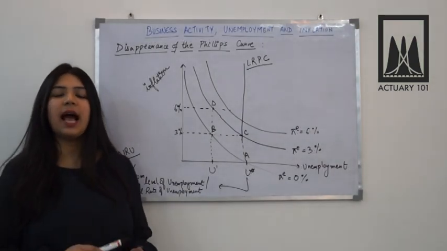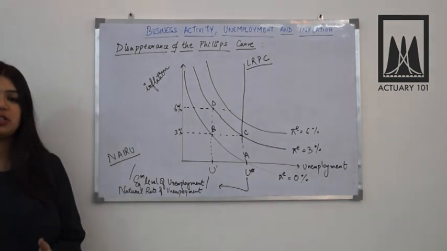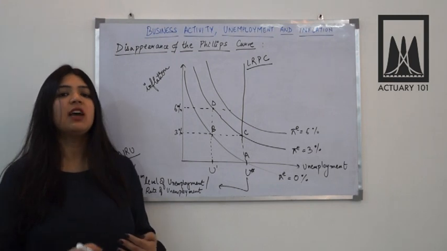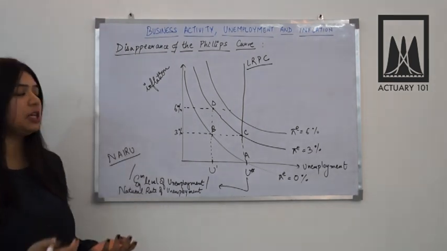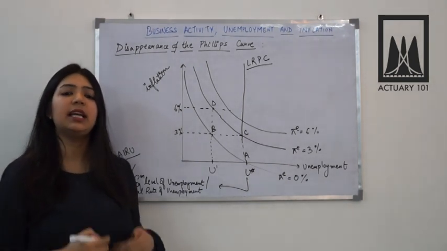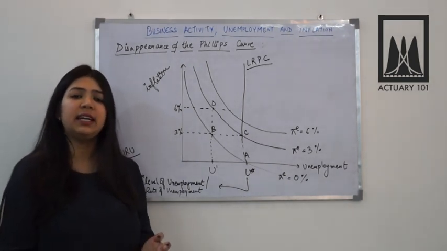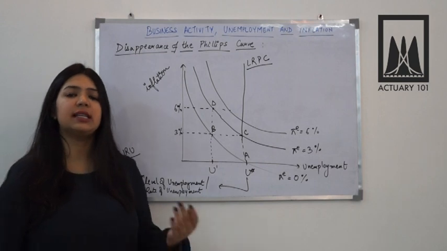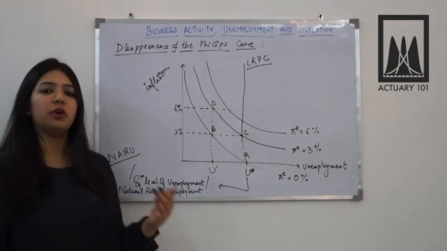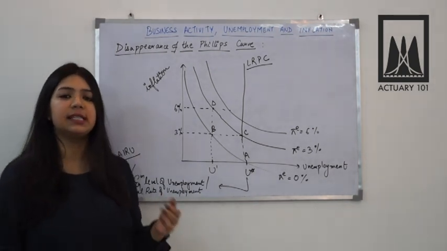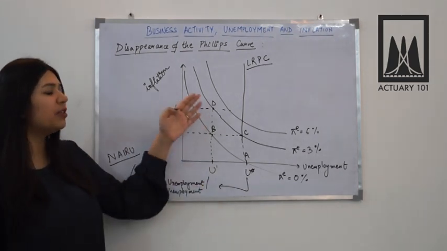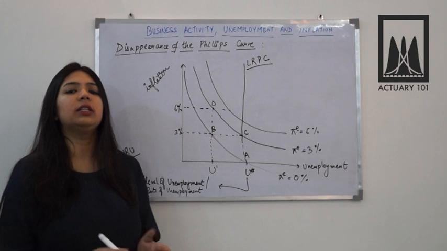Now we have looked at the accelerationist theory of inflation, but we also have the new classical economist theory, which is known as rational expectations. Now, what does rational expectations say? That if aggregate demand increases, the firms expect it to be reflected by an increase in prices and wages, which will reduce the encouragement to firms to produce higher quantities of goods and reduce unemployment, and thus the Phillips curve can stay vertical even in the short run and not only in the long run.